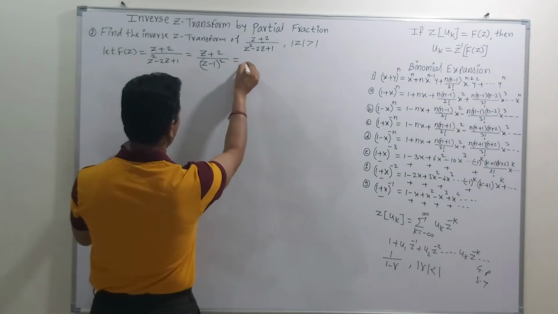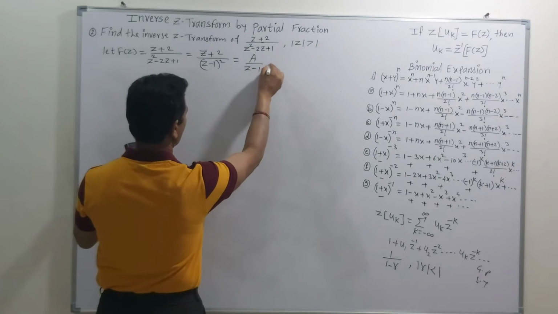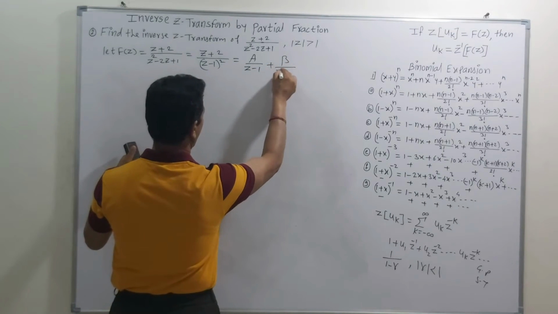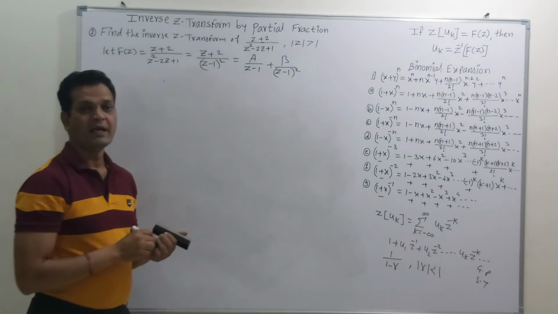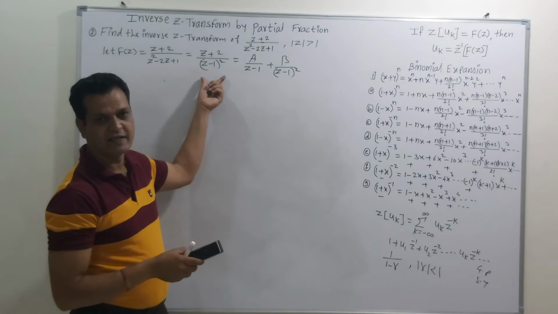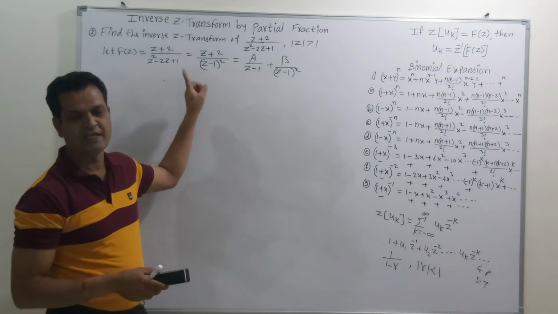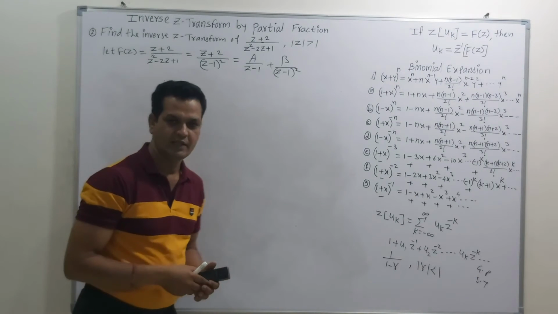So we can write this as a upon z minus 1 plus b upon z minus 1 its square. Because this factor is repeated twice, which is linear and repeated, according to the partial fraction rule, we can write its partial fraction in this way.